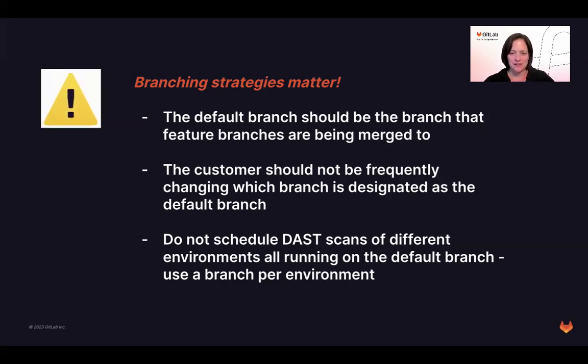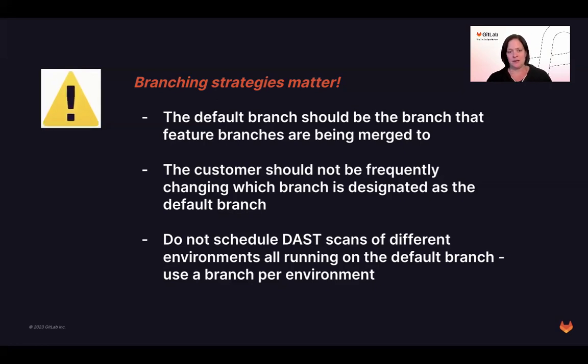And then they were doing a separate DAST scan on a completely different environment, but also associated to the default branch. And they were running that directly after the first DAST scan. So they would see the results of the first DAST scan, they would see the vulnerabilities on the vulnerability report. Then the second DAST scan would complete and it would wipe out any vulnerabilities from that first scan and now report the DAST scan results from that other environment because they were all being run against the default branch.